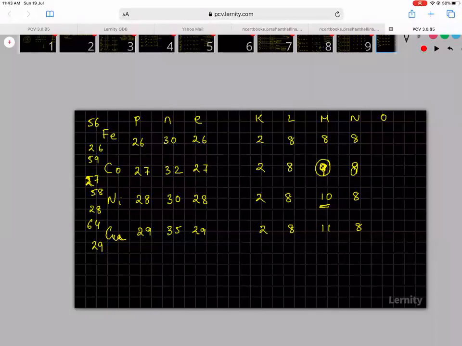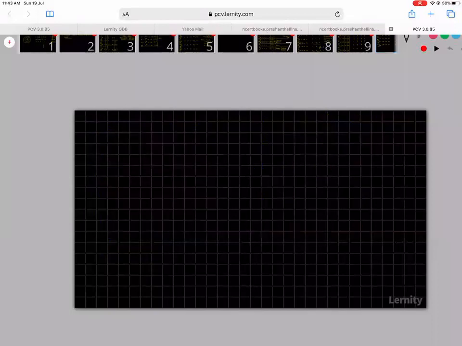The rest of the elements, I will do a little fast so that we are clear. So next is zinc, which has an atomic number of 30. Then you have gallium, 31. After gallium, you have germanium, 32. After germanium, you have arsenic, 33. Then selenium, 34.